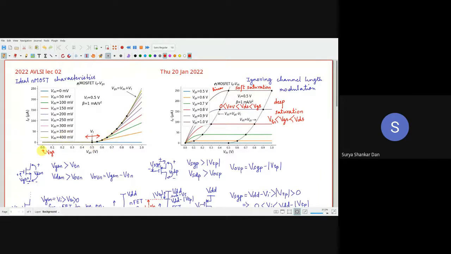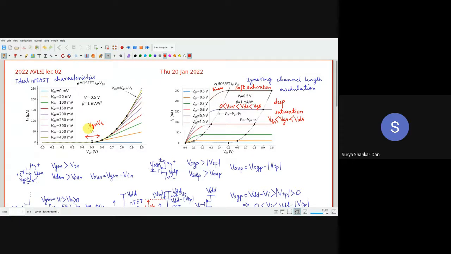Now, if you want to switch your VGS across VT, that VGS equal to VT line, this point, that is for digital IC design. Okay, analog IC design mein, we are not bothered about switching the transistor off or trying to keep the gate bias completely 0, because in that case the transistor is completely switched off.